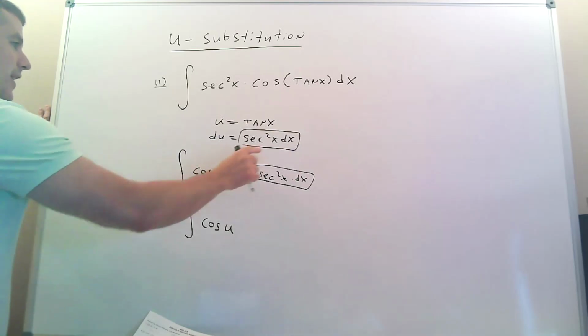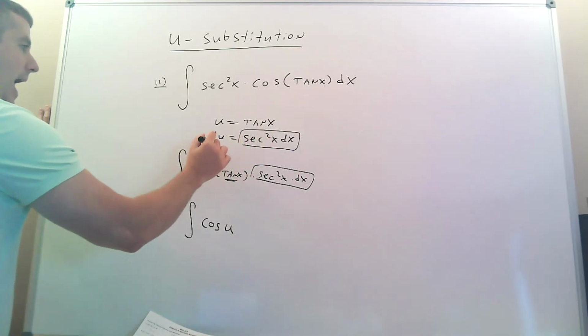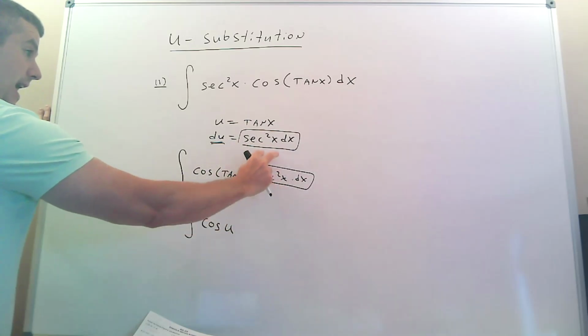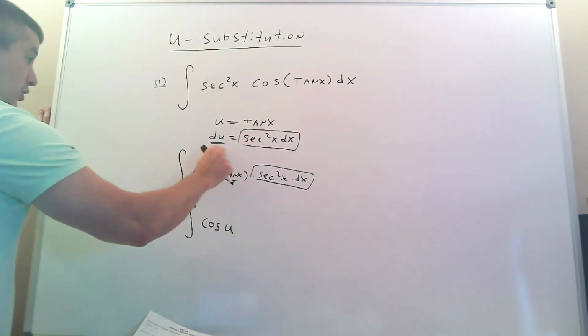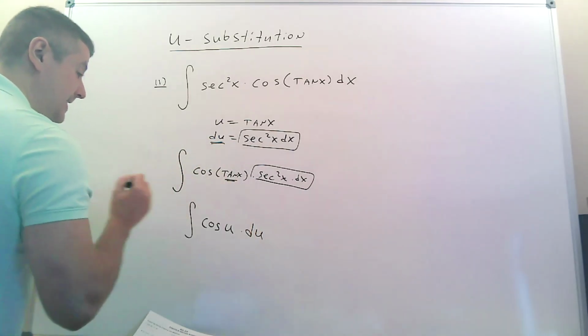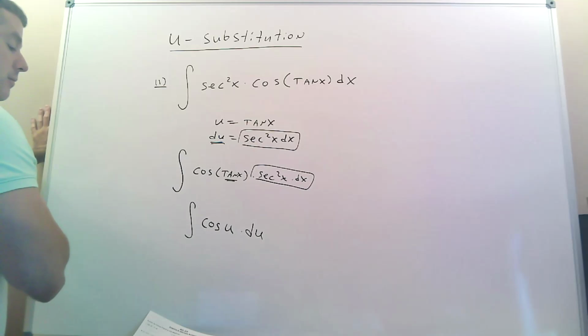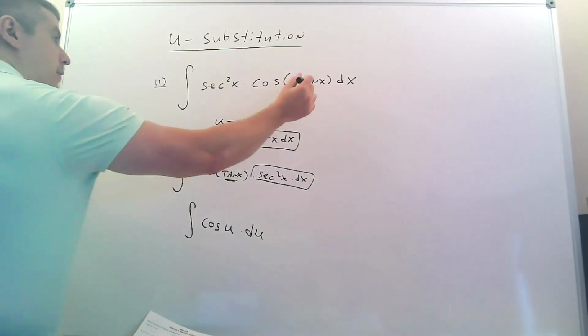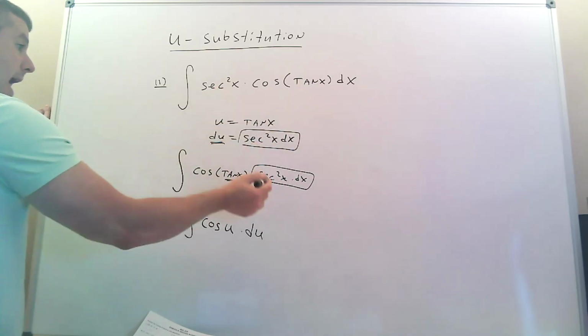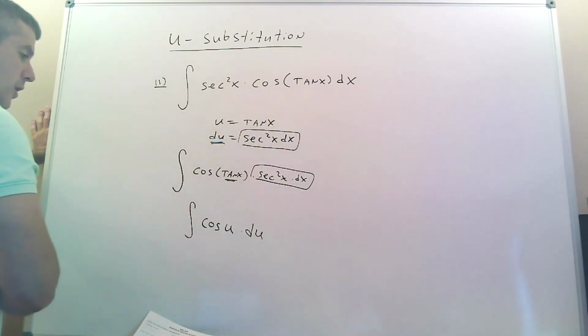I don't have to do anything. I don't have to divide this over. I can literally just put du where secant squared x dx is. You don't have to divide it here. They're exactly the same. So done. Look at that. There was my u. Tangent's derivative is secant squared. That's exactly what I had there, so I can just put du where secant squared dx is.